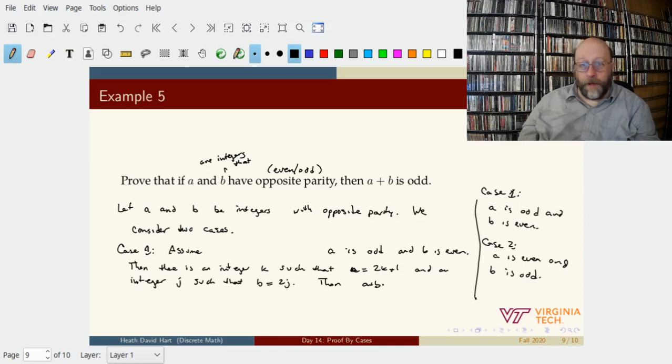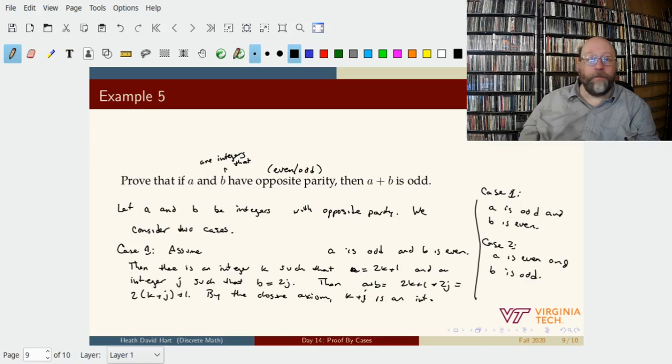Then A plus B equals 2k plus 1 plus 2j, which is 2 times (k plus j) plus 1. By the closure axiom, k plus j is an integer. And so, therefore, A plus B is odd.